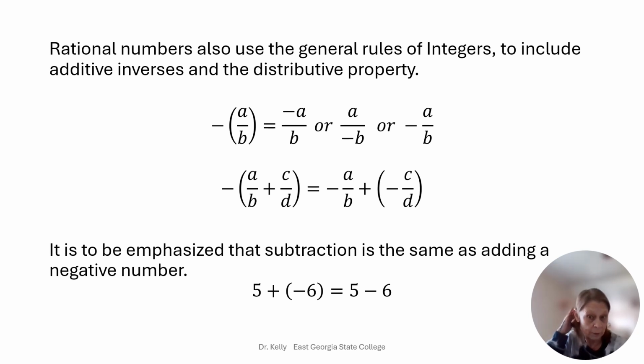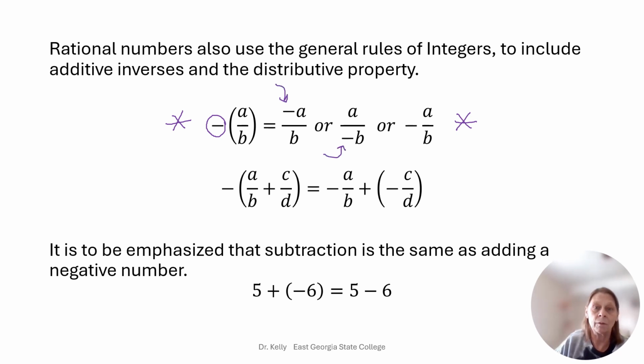I also wanted to point out, and I know I've said it before and will probably say it all the way through the end of this course, that students often find this very confusing when dealing with a negative number, because the negative sign can be placed outside, on top, on bottom, or along the line of the fraction bar, maybe slightly above or slightly below.